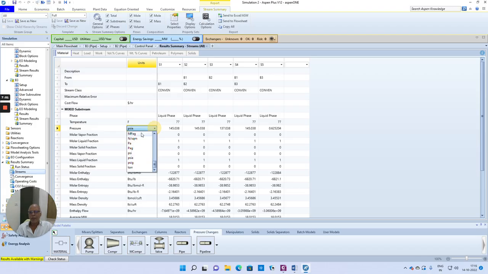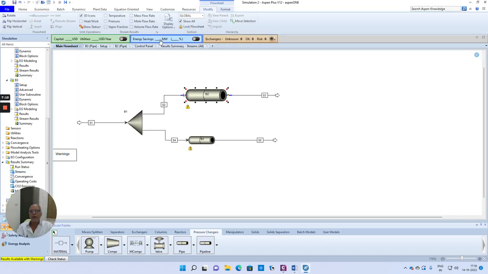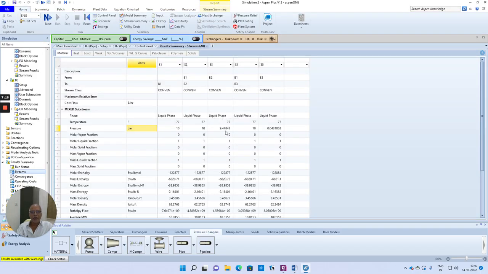Put it in the bars maybe. So this is the input pressure, right? And the exit from pipe 2, which is stream 3, is available at 9.4488. That means the pressure drop in pipe 1 happened to be about 0.56.